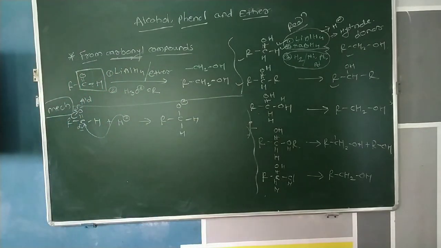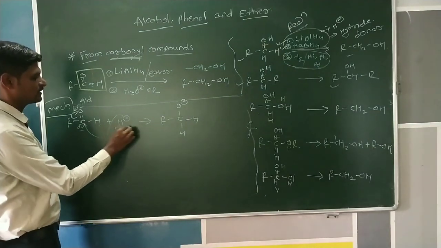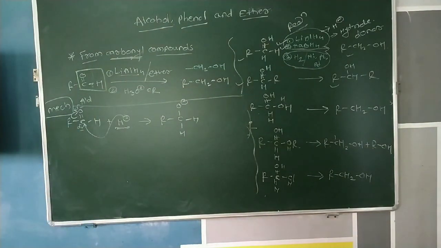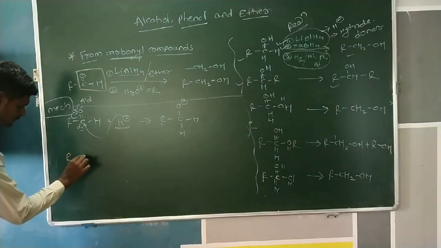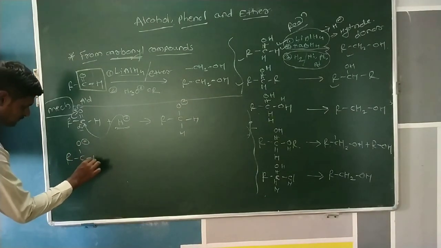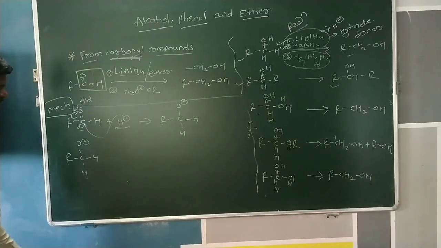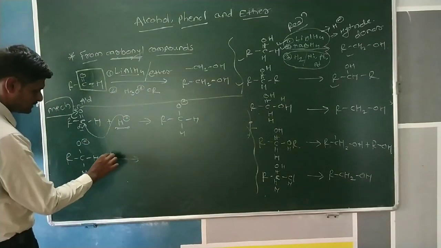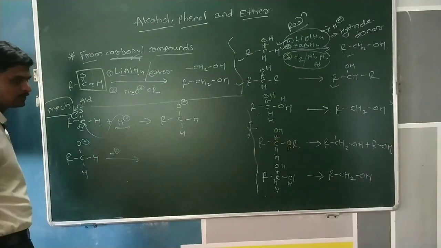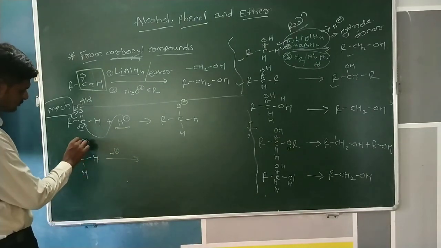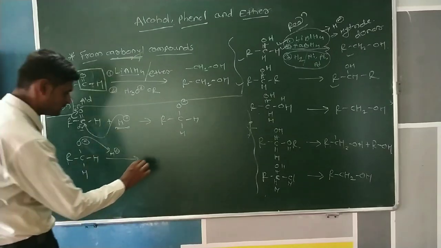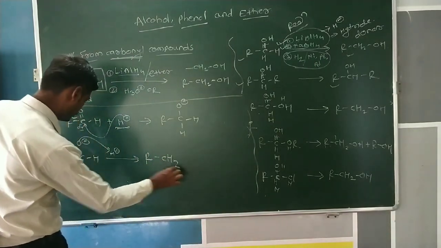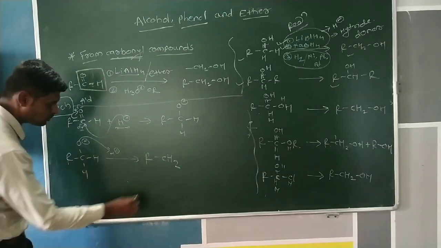Okay. This hydride is coming from the lithium aluminum hydride. Then there is a formation of this molecule. After formation of this molecule, it undergoes acid hydrolysis. That means the H plus ion is present here. Therefore, this oxygen atom attacks the H plus ion. There is a formation of RCH2OH.